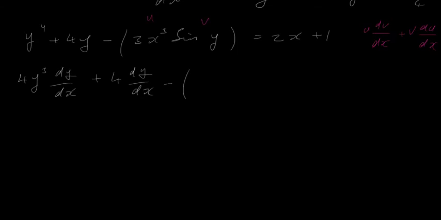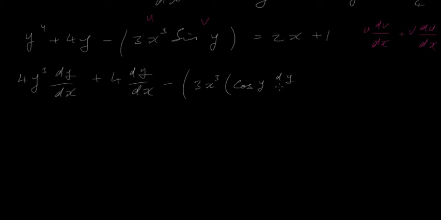Okay, so let's do that. Now u is 3x cubed. I'm going to multiply that by dv dx. If you differentiate sine y, you're going to get cos y. Now you must differentiate the y itself because it's not sine x. If it was just simply sine x, you would just write down cos x. But because it's sine y, you must differentiate the y itself.